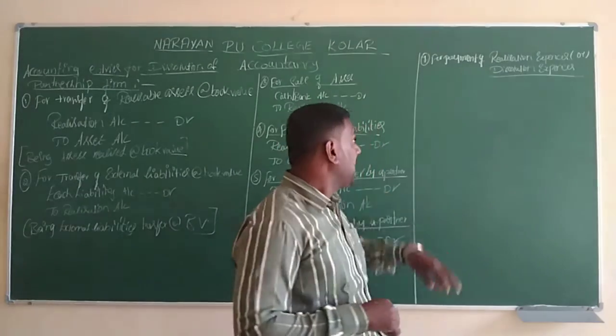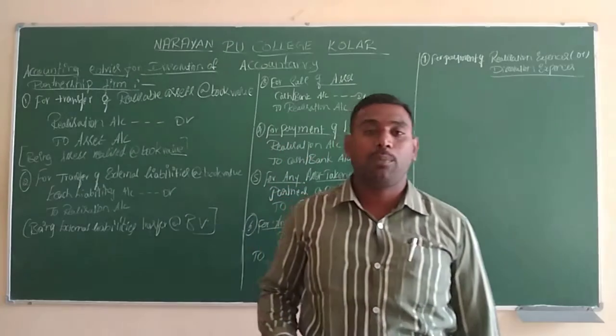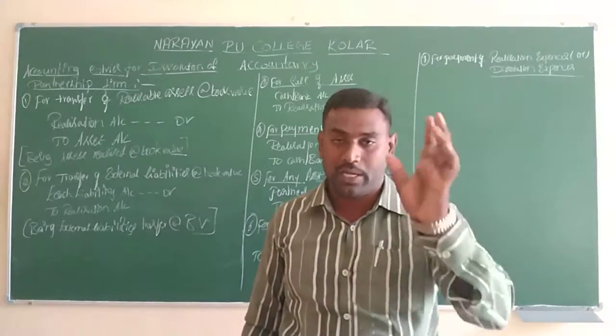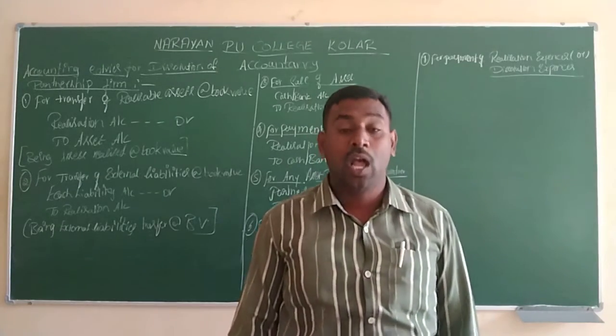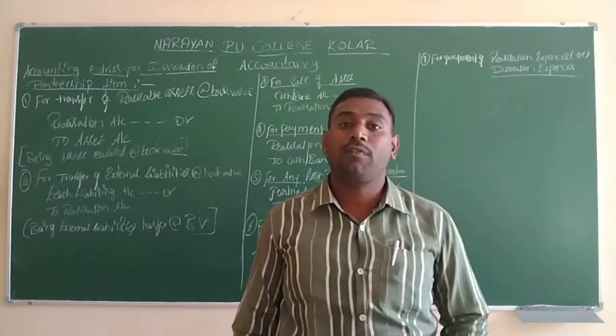Like that, we do not close the company at our own will and wish. We follow some rules and regulations, so under that we have to pay the realization expenses to the registrar of companies.